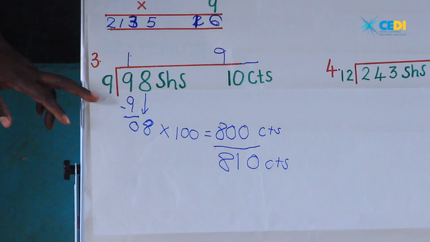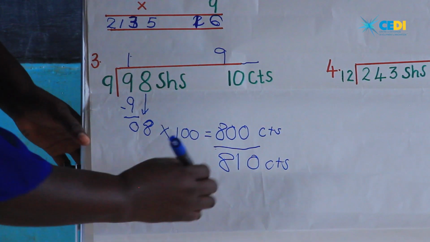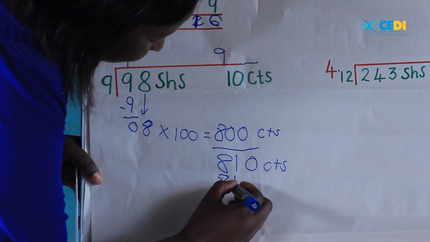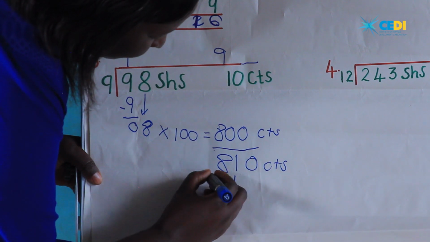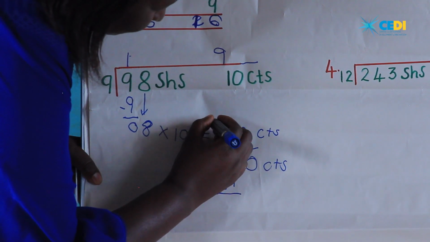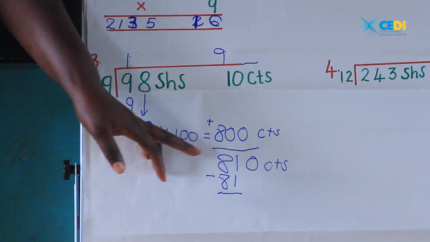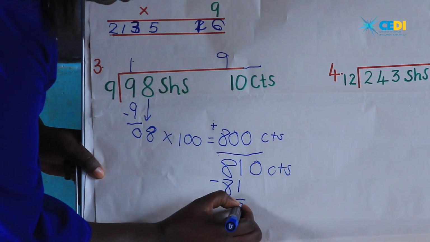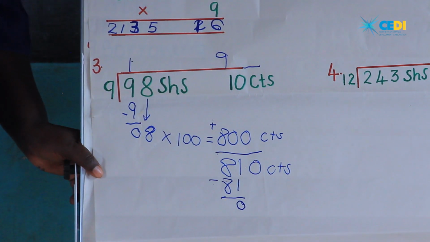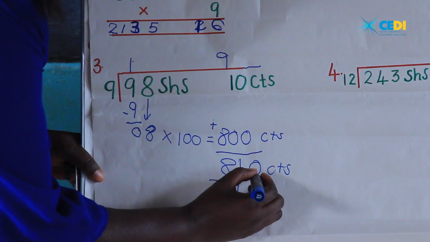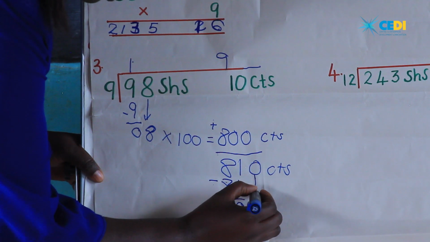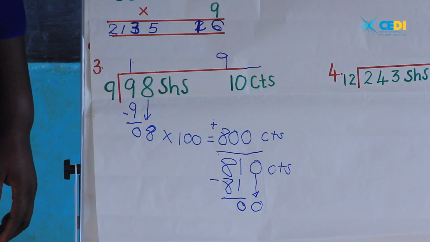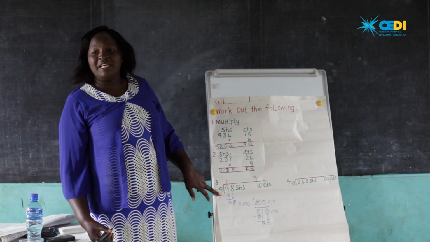9 times 9, 81. 81 minus 81 is 0. But remember, you still have a 0 up there, so you bring that 0 down. Now, I don't have any cents. What will I give the 9 children?